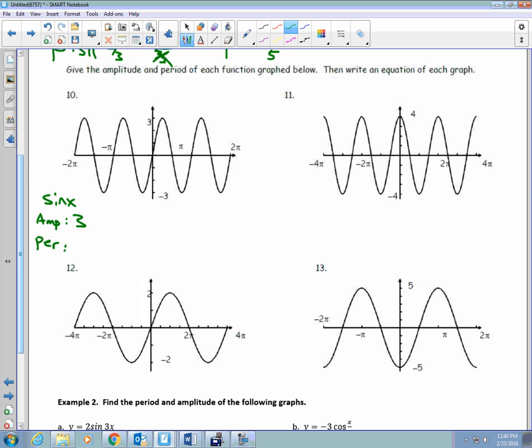Meaning, how often does it repeat itself? How long does it take before it completes one cycle? Would you agree that between 0 and 2 pi, it has completed 2 cycles? So therefore, its period is pi.